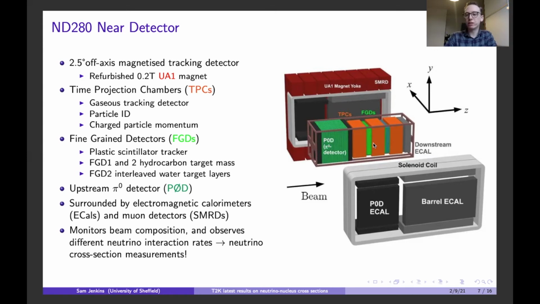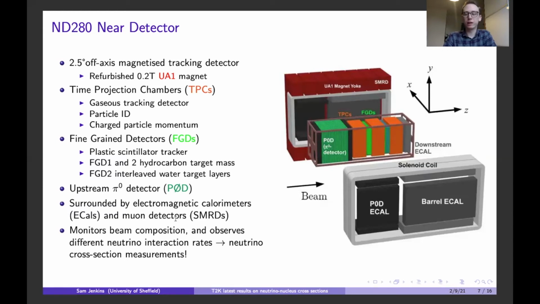We also have a series of other subdetectors, such as the Pi0 detector, the POD, which looks for Pi0 showers in the upstream portion of the detector, as well as the ECALs, which identify showers from electrons and photons, and muon range detectors. So ND280 is used to monitor beam composition as well as observing different neutrino interaction rates, and this means we're able to perform neutrino cross-section measurements with it.